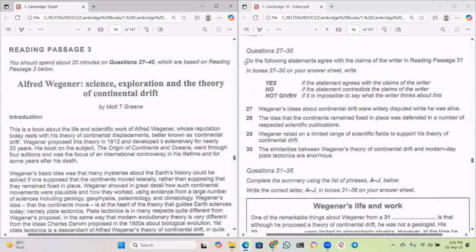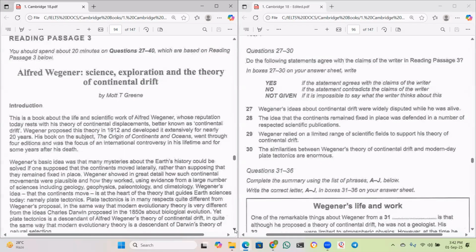For everyone willing to crack the IELTS test, follow my tips and tricks so that you can crack the IELTS reading very easily. Here we just have to match the synonyms and paraphrases. So let's not waste any time and let's look at the paragraph.